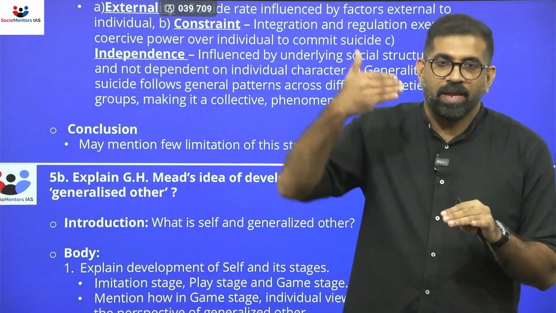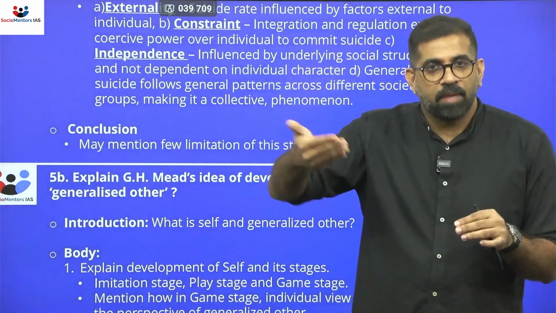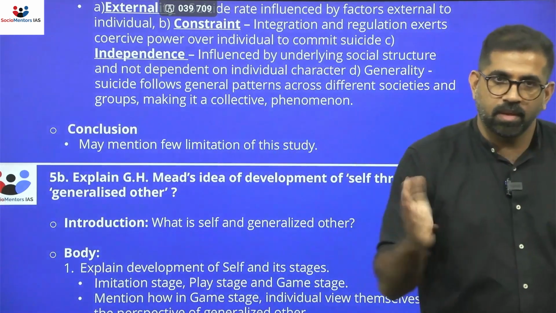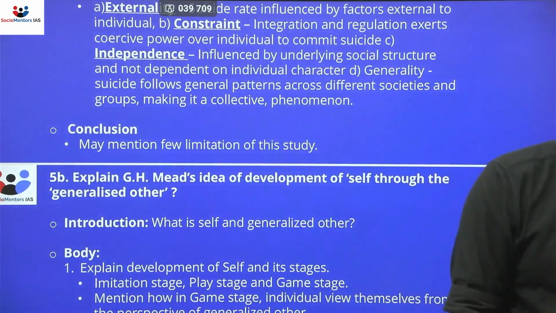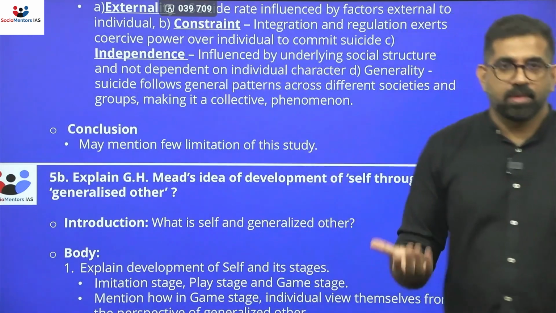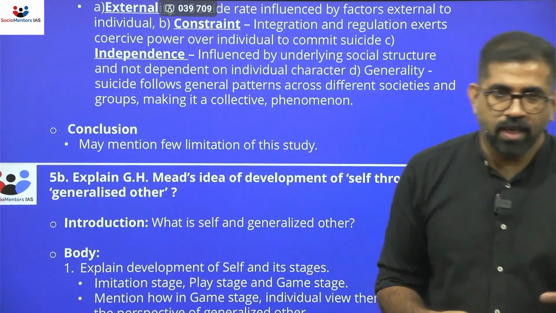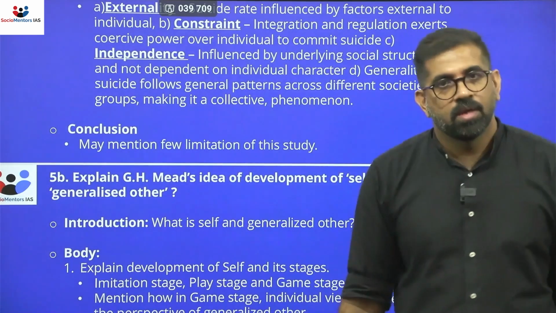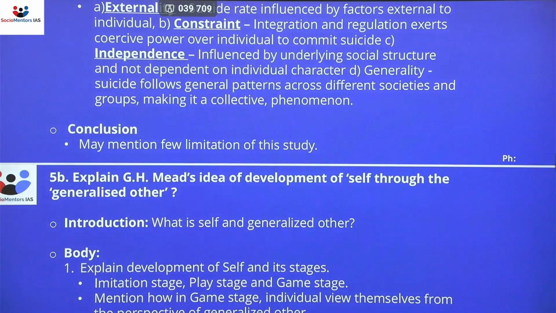But when the suicidogenic current appears in the society, that will lead to an increase in suicide rates even among the individuals. So, that can also explain independence. Generality means there are general patterns in suicide, meaning that the suicide rate influences all the members of a particular society. Is it clear? Okay.